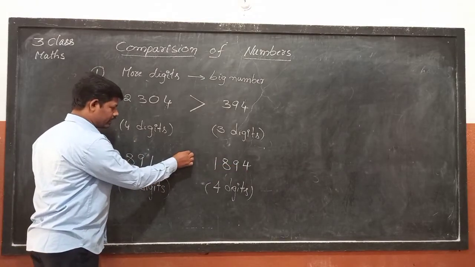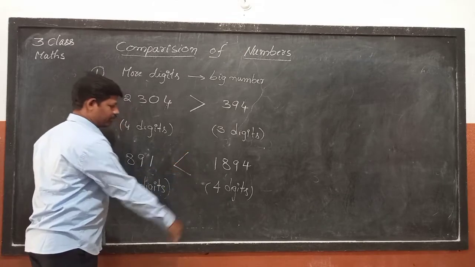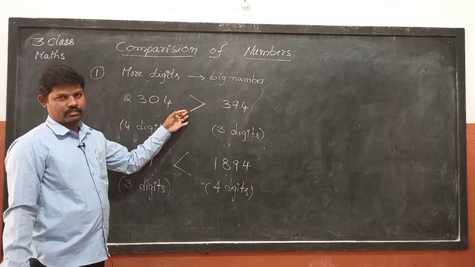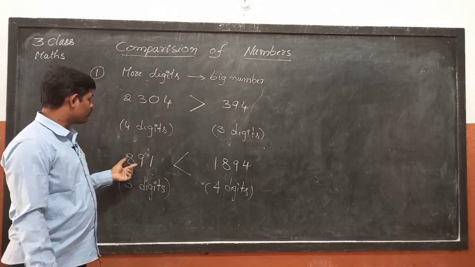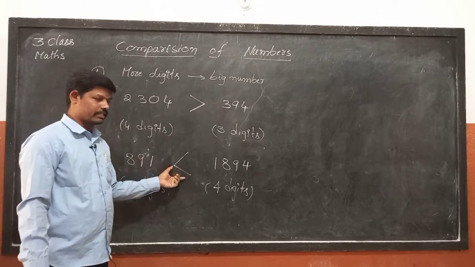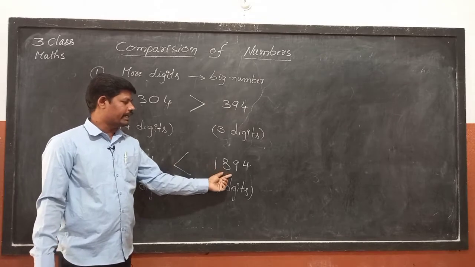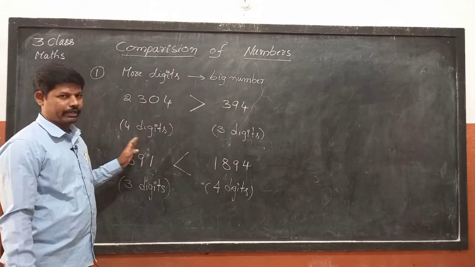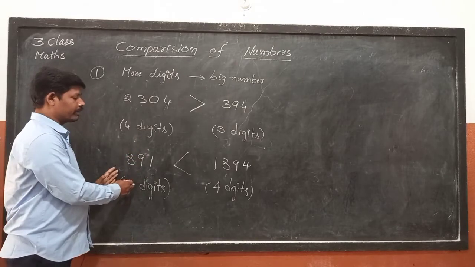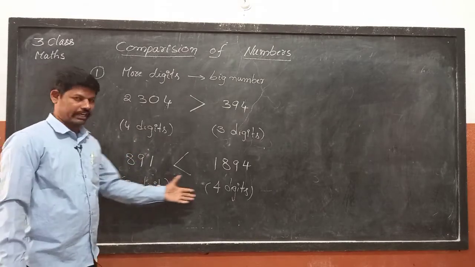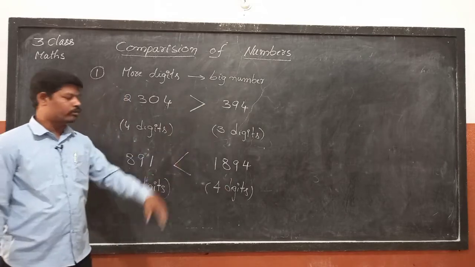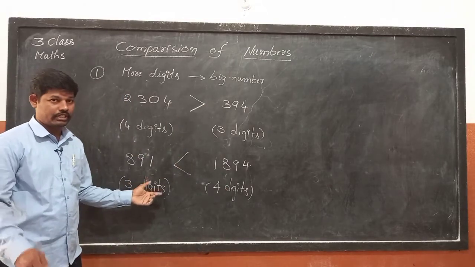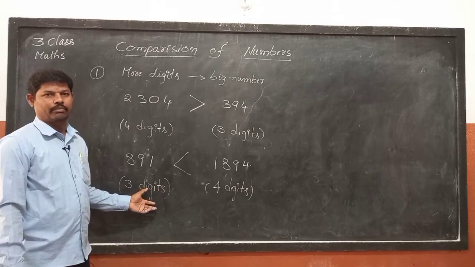You write the less than symbol. This is less than, this is greater than. So 891 is less than 1894. Like that we can compare. When the number of digits is different, the number with more digits is the big number, and the number with fewer digits is the small number.